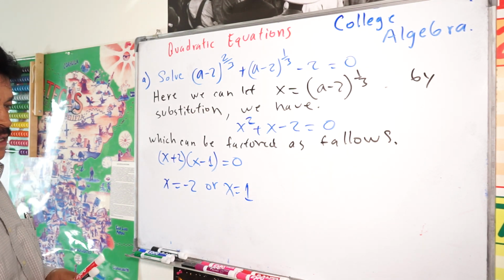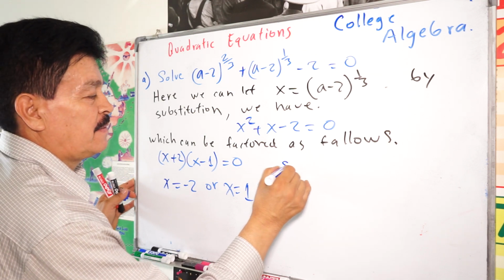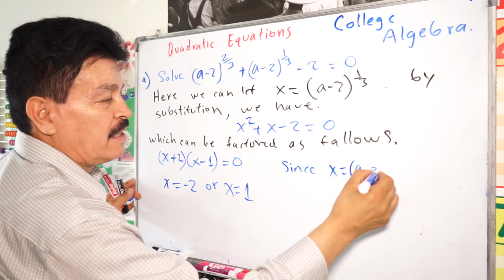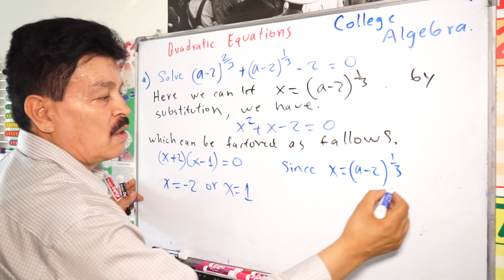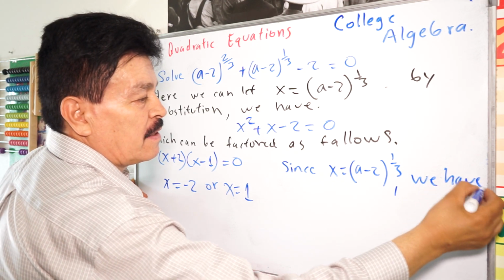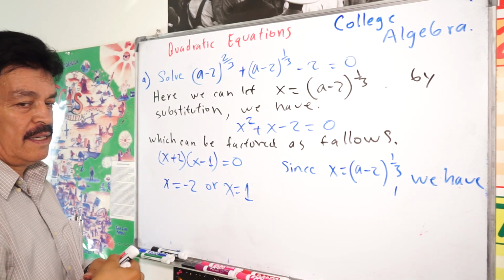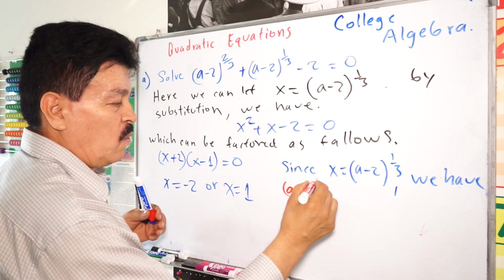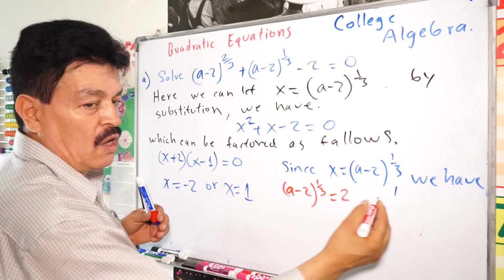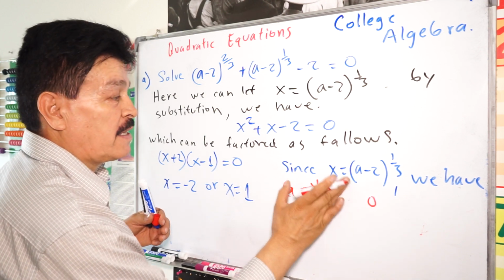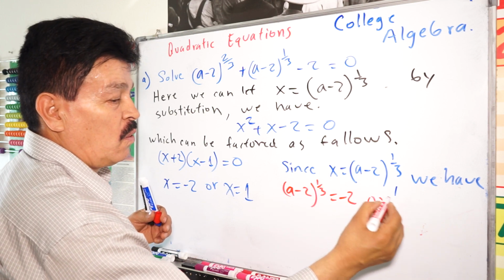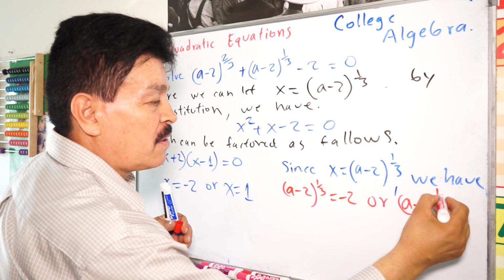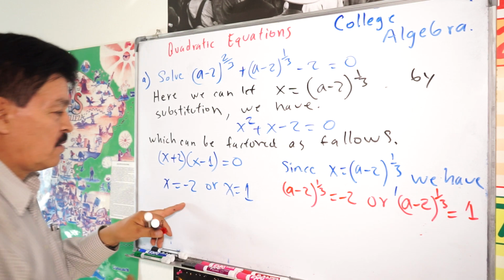So simplify here, since x equals (a minus 2) to the 1/3, we're going to have a minus 2 to the 1/3 equals -2, or a minus 2 to the 1/3 equals 1.